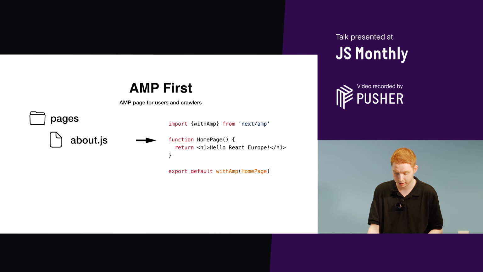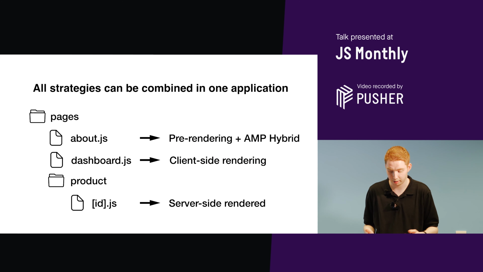And then there's AMP first, which means that the whole page will be rendered in AMP, also for desktop users and that kind of thing. And in doing so, you basically get a really fast web page that is almost instantly loaded. And we optimize a lot of different things on this.